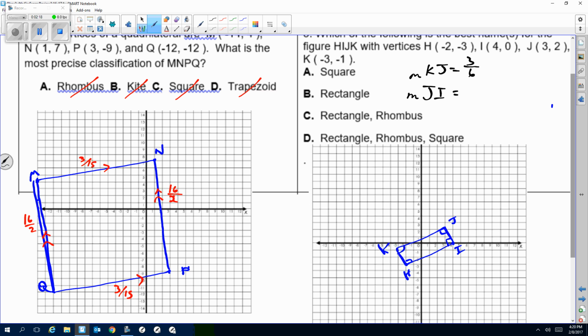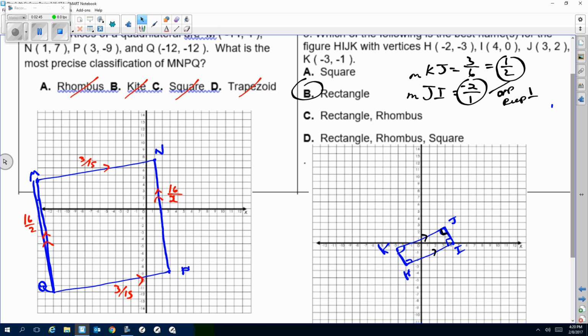JI is down 1, 2, and then to the right 1. I know 3/6 reduces to 1/2, and when I compare, these are opposite reciprocals. So they're perpendicular, and that's why we have that right angle, and opposite sides are parallel. So the best name here would be a rectangle.